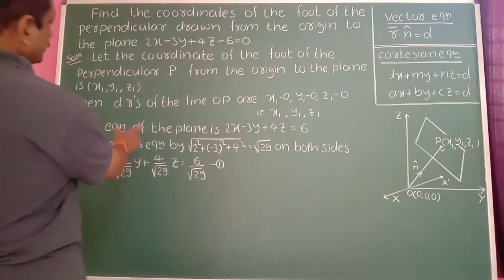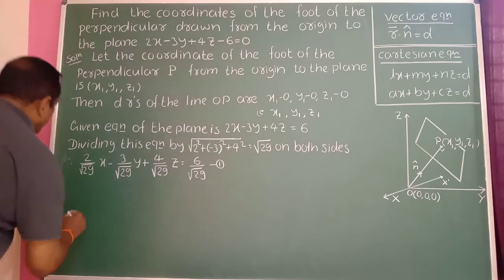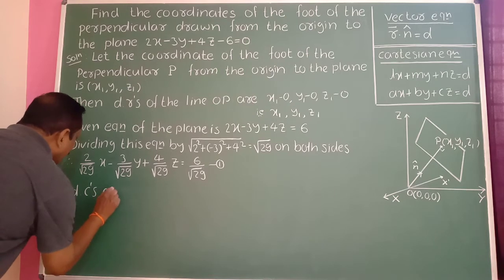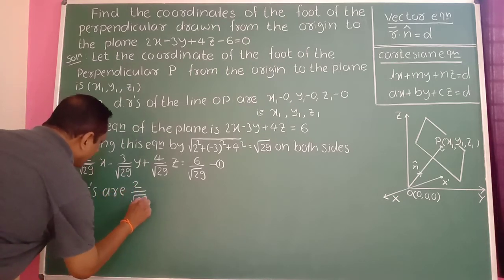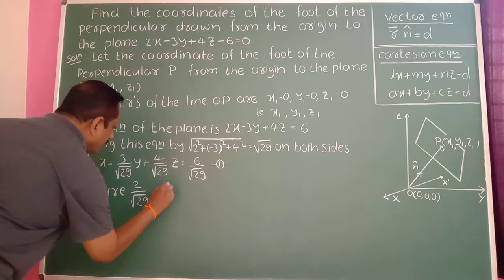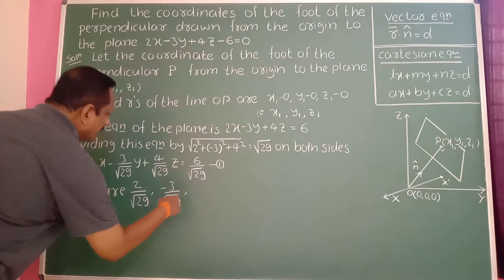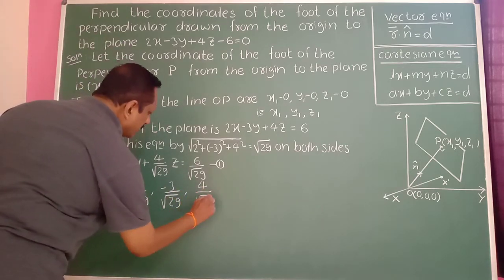Therefore, direction ratios and direction cosines are proportional to each other. So the direction cosines are 2 divided by root of 29, minus 3 divided by root of 29, and 4 upon root of 29.